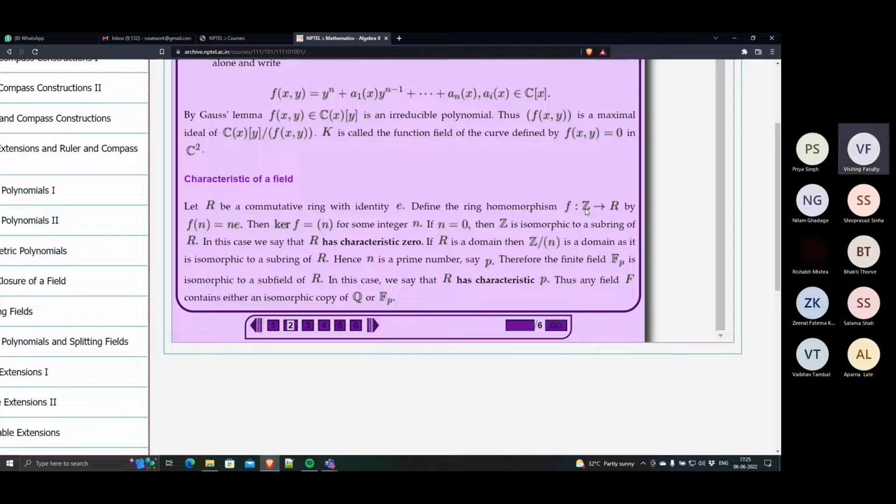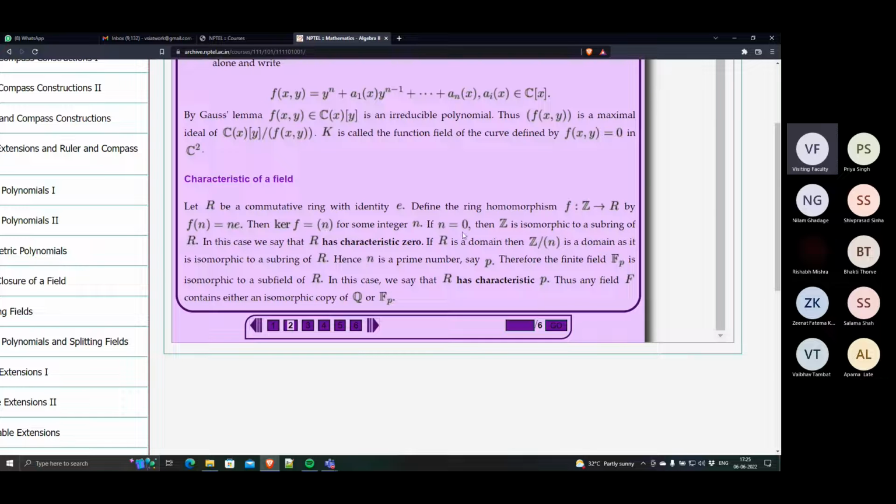Yes. So over integers, every ideal can be generated by just a single element. That is something you should have proved. You take more than one element, but you can still look at GCD and LCM and get a single element as a generator of that ideal. So every ideal is generated by a single element over Z. So kernel f is an ideal of Z, generated by some single integer n.